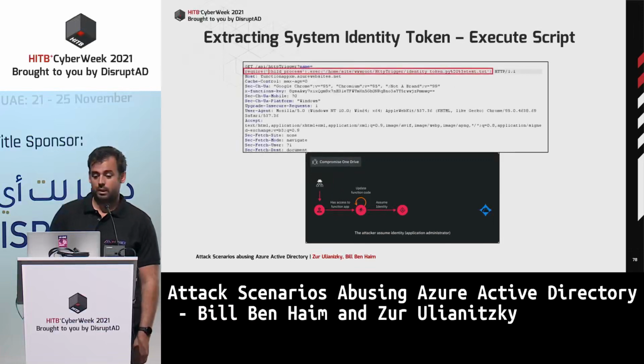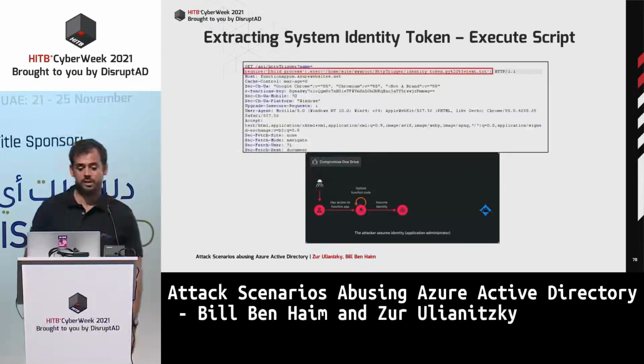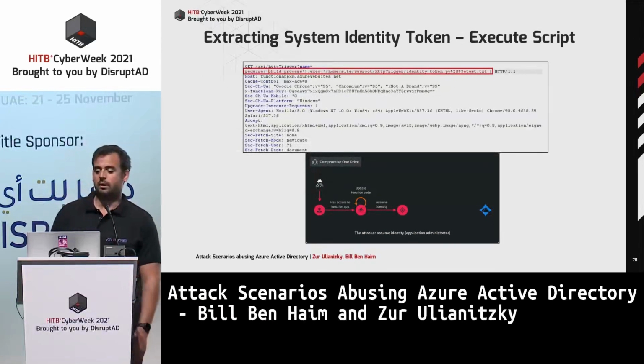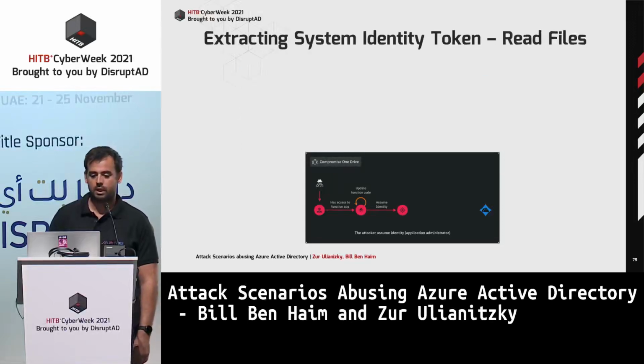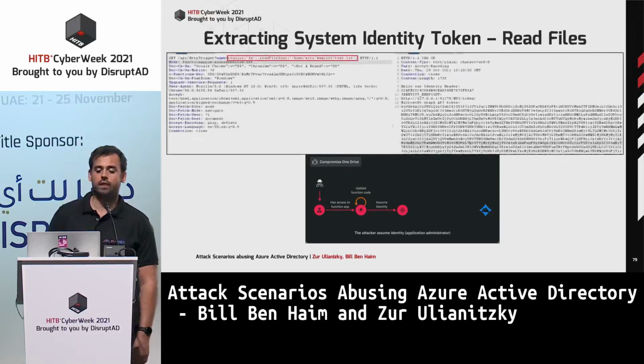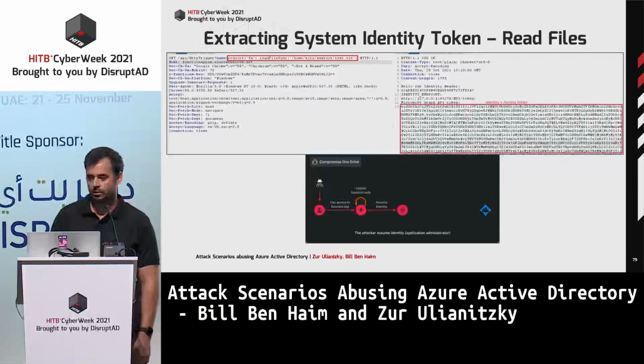So, the attacker executes the child process exec method and executes a Python script, and appends the data of that script to a separate text file, test.txt. It then uses the file system method readFileSync in order to read the content of that file. And it can now access the access token of the managed identity, which in this case is the application administrator role.